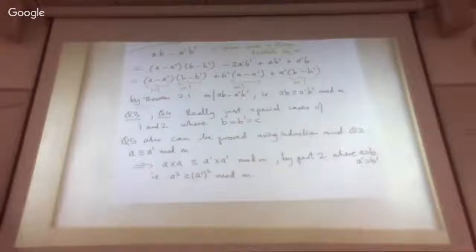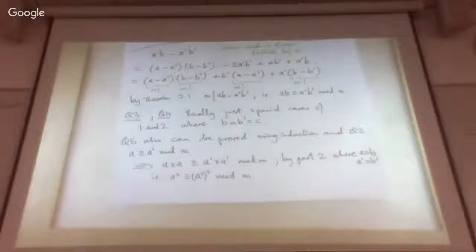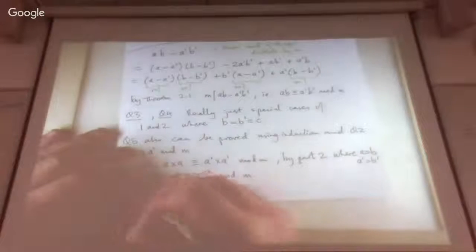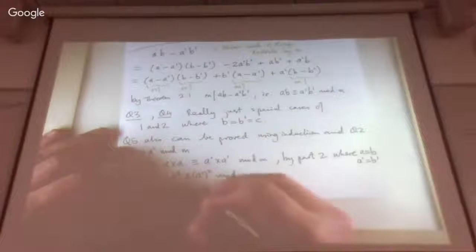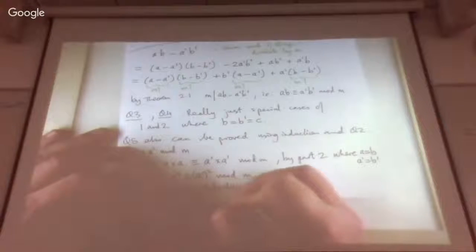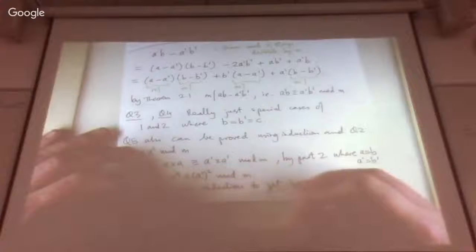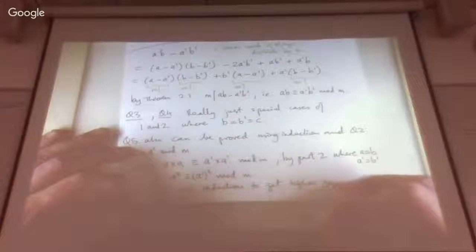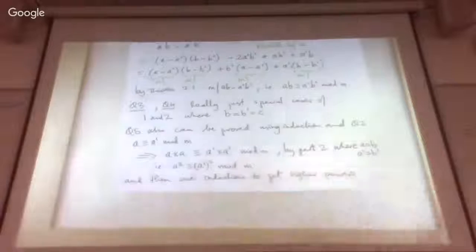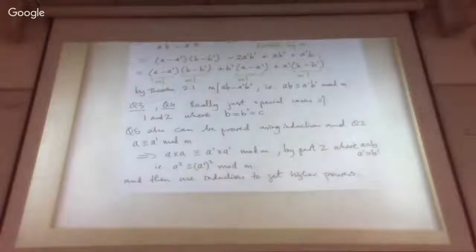If you apply it twice, you get to cubes. 3 times you get to power 4, etc. And then use induction to get higher powers. Any questions so far about all those different parts?